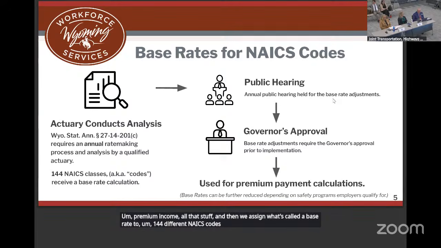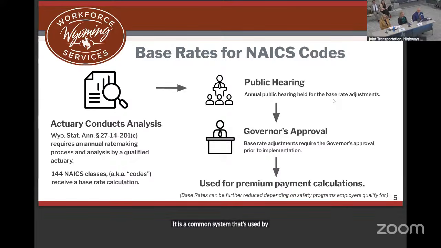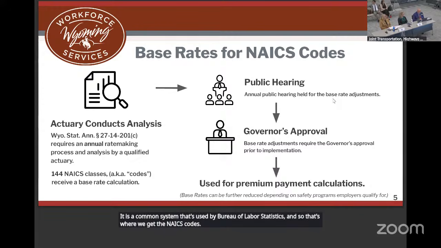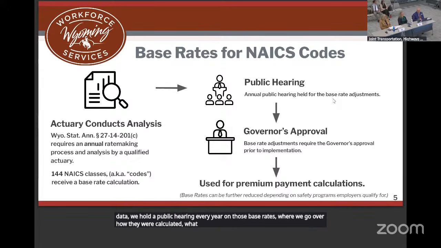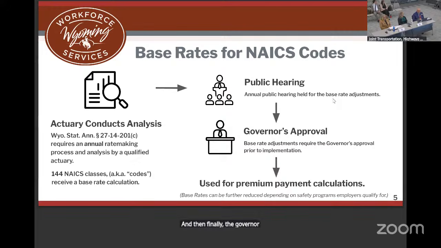I should back up: NAICS stands for North American Industry Classification System, a common system used by the Bureau of Labor Statistics. After the actuary analyzes the data, we hold a public hearing every year on those base rates, where we go over how they were calculated and what information was taken into consideration. Finally, the governor approves those base rates for the upcoming rate year.